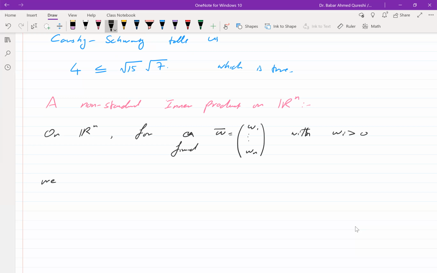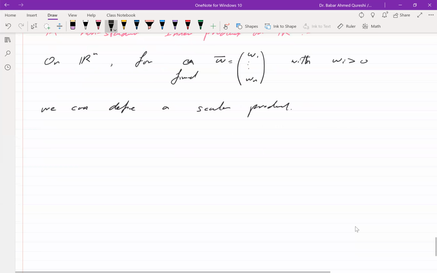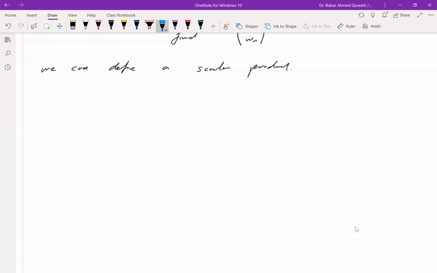So fixing this, we can define a scalar product. V U. So before, the corresponding things were being multiplied and you were summing.